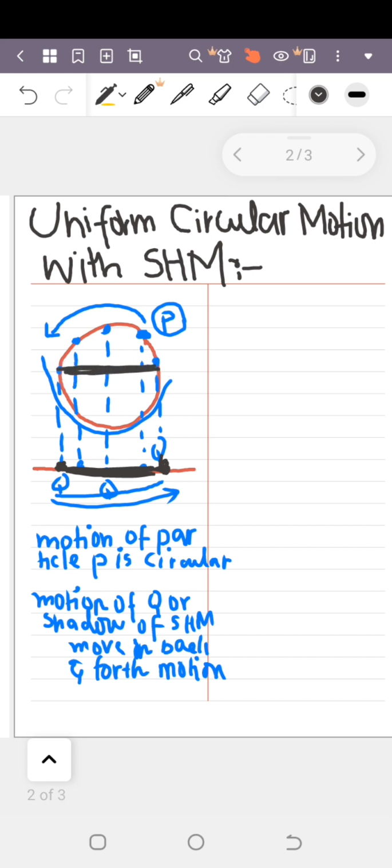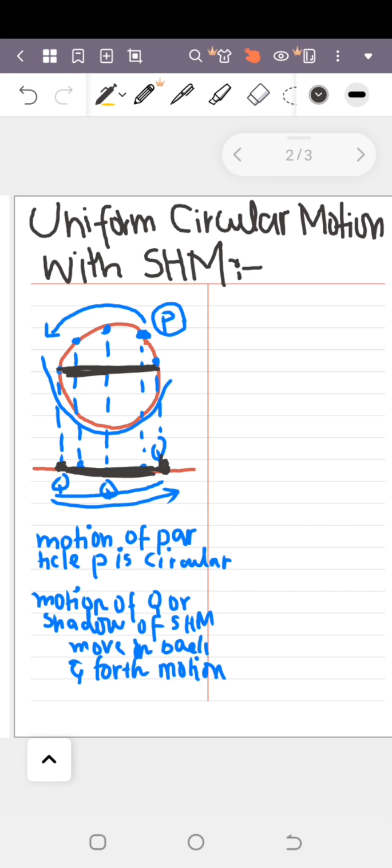So we will not make the shadow on another line to take SHM. We will just put the shadow of SHM on the circle's diameter, as the maximum points of SHM on the line are equal to the diameter of the circle.